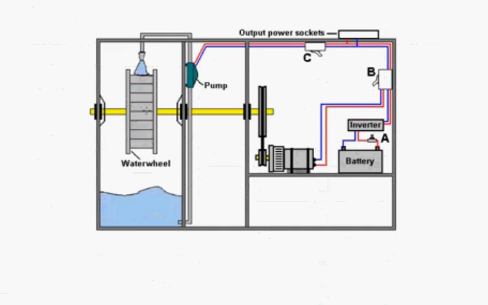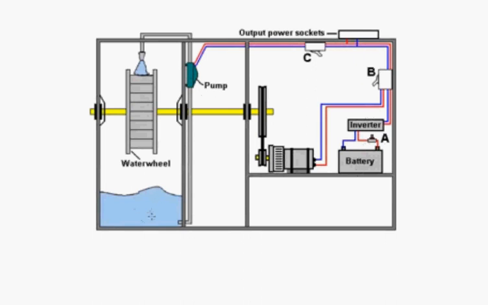He's actually patented this, but the way that it works is the pump is initially powered by the mains power from an inverter, powered by a battery through a press-to-make button switch. It goes through a switch and powers the pump.